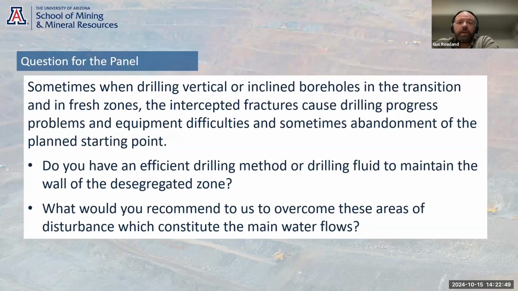It's very slow and time consuming, quite expensive method, but sometimes it's one of the few ways you've got of getting through really, really unstable zones. Especially we found that in the base of deep weathering in high flow situations in sub-Saharan Africa, that's been quite effective.